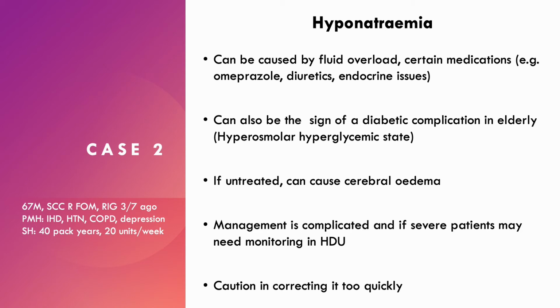Management can be quite complicated, and if it's severe, patients may need monitoring in the high dependency unit. You really need to be careful about correcting it too quickly, because it can lead to something called central pontine myelinolysis, which is essentially stripping the myelin off the pons in the brain, which can cause locked-in syndrome. So correcting your sodium too quickly can be devastating. So this is normally led by medics.